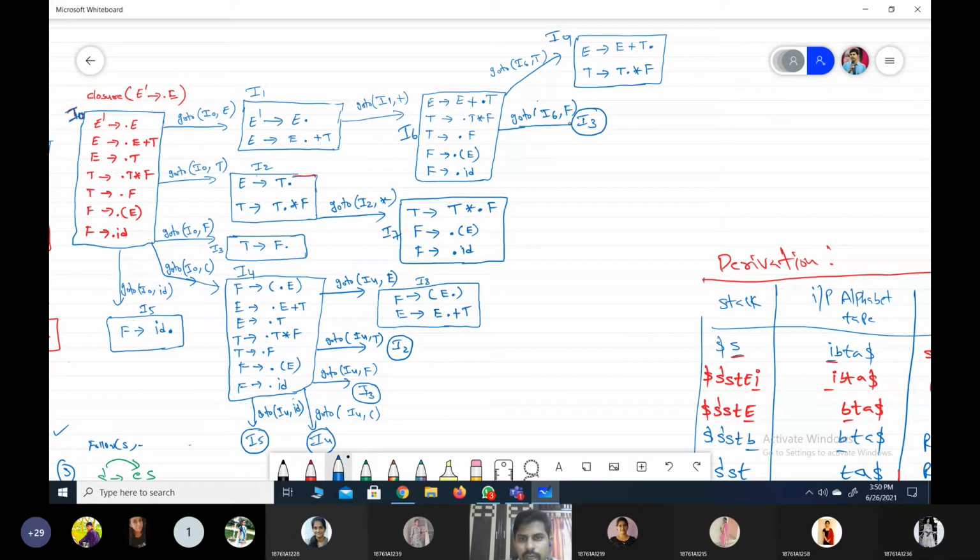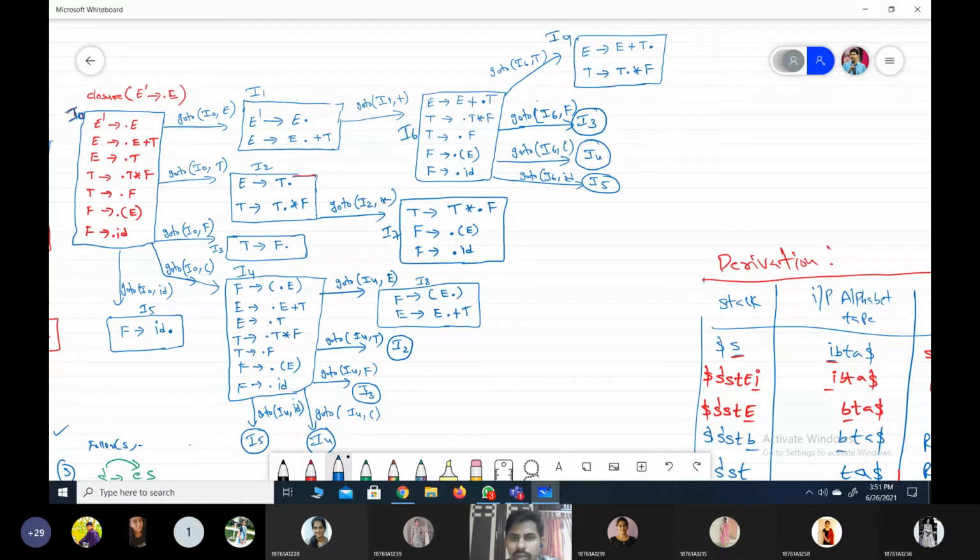If open parenthesis is applied, which state are we moving to? I4. If ID, go to I5. I6 on ID, then we are moving to I5. Repetition is observed. Okay. I6 is over.